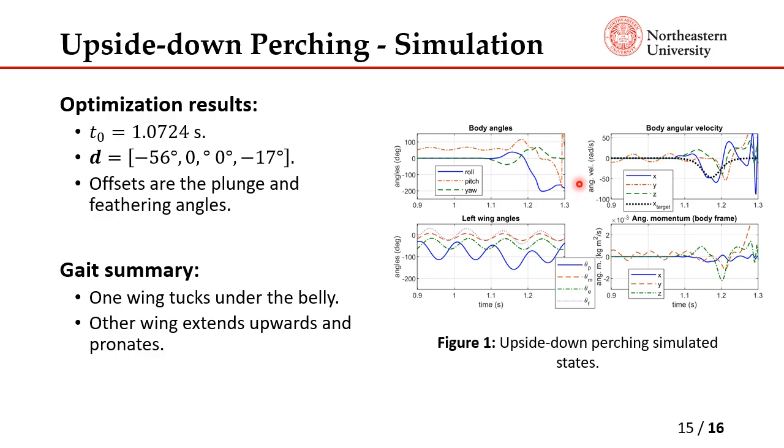So we hope that our latching mechanism has successfully latched onto something as soon as the robot turns upside down, because it seems to go unstable afterwards. To summarize, this upside down maneuver can be achieved by tucking one wing under the belly while the opposite wing extends upwards and also pronates, and that results in the upside down maneuver seen here.